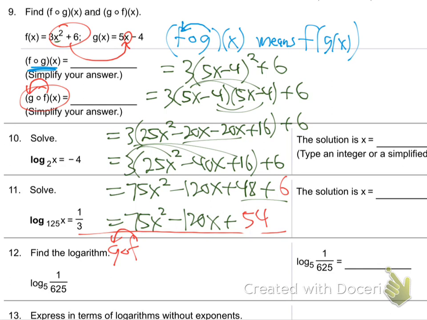So now g of f. The thing you've got to remember if you're going to do well on this question in 2 days is it's right to left, so f into g. So take all of f, put it into g. So this will be all of f into g. So that'll be 5 times (3x squared plus 6) minus 4.